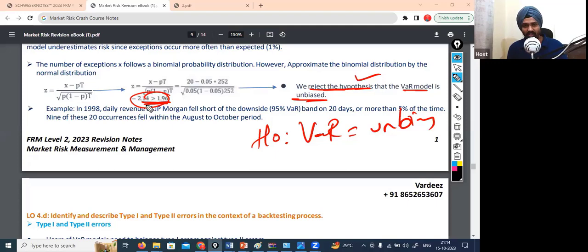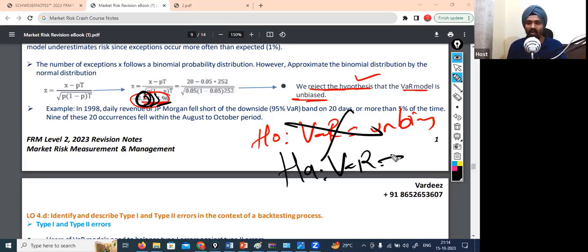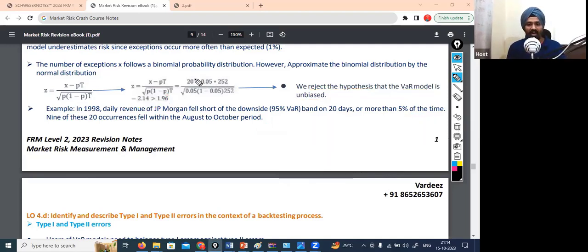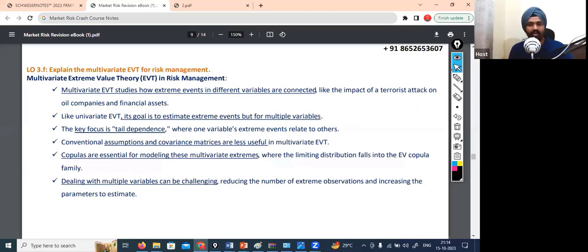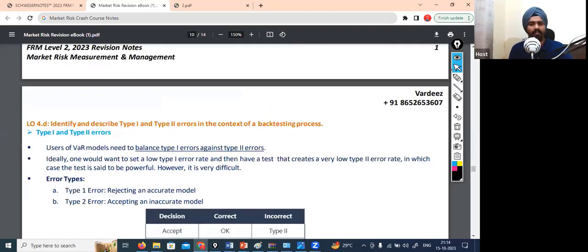But if the Z value is greater than the critical value, then you reject this and you conclude that your VaR is not unbiased, or you can say that it is biased. The VaR is bad. That is why the exceptions are rising, because of a faulty VaR model. That's the usage of failure rates. I hope you get an idea.